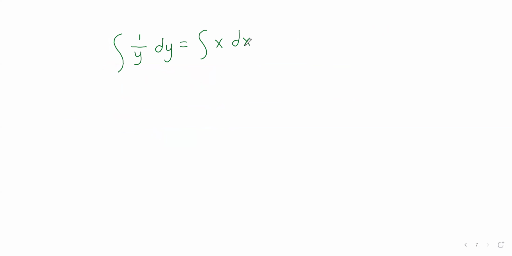We've got an integral of y's, we've got an integral of x's. What's the integral of 1 over y dy? The natural log, exactly correct. Thank you. I'll put the plus c, although that won't stick around.